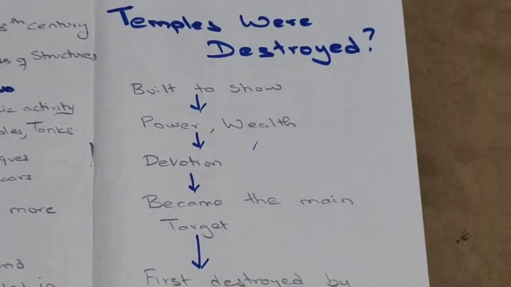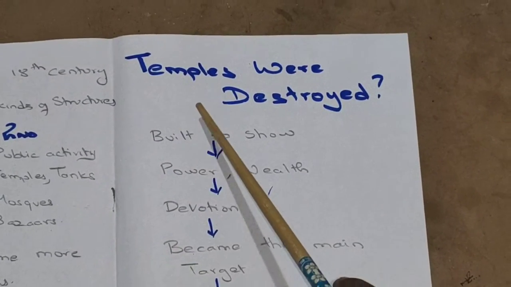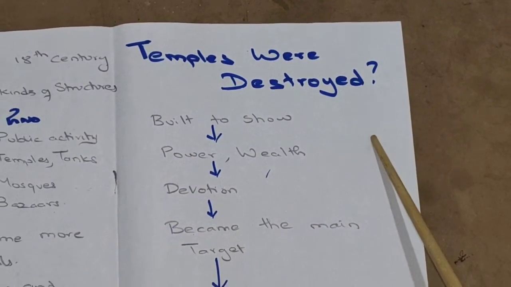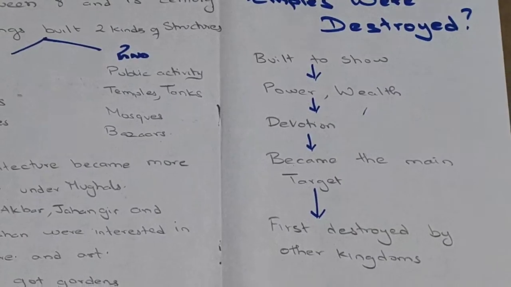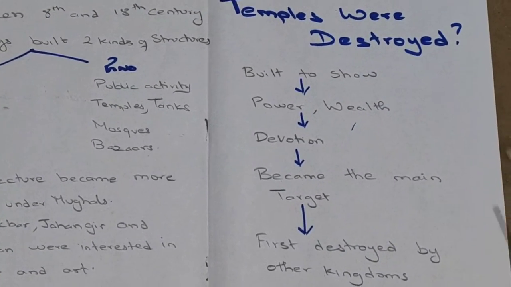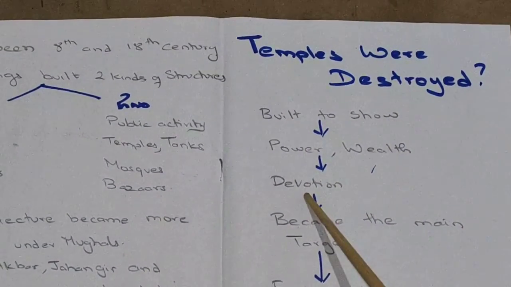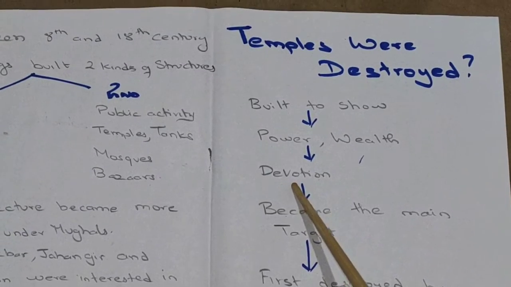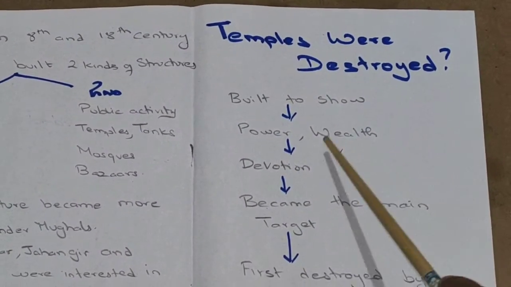Now, let's come to the topic of temples. Most of the time during war, the temples were destroyed. Why? As I have already discussed, the temples were built to show the power, wealth and devotion of a kingdom. The larger the temple, the more powerful and wealthier the king.